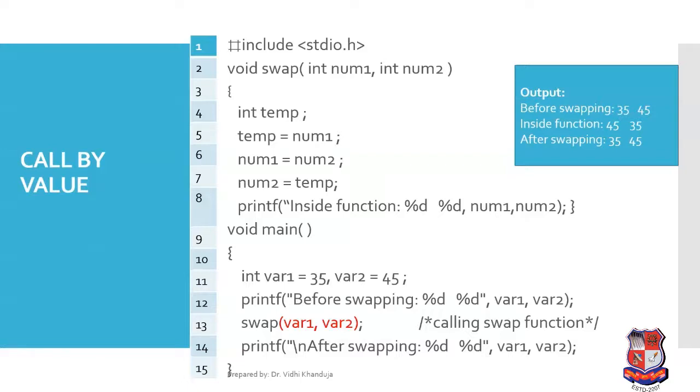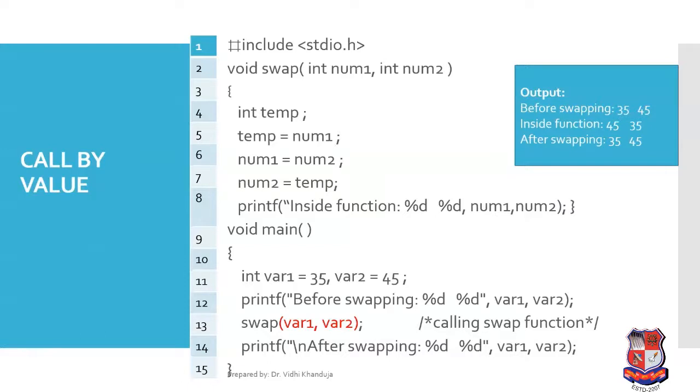But after that, when I display the values of var1 and var2 again, they are not changed. Swap only interchanges the values of num1 and num2, not var1 and var2. They are different variables, so they will retain their values as they are. This is call by value.